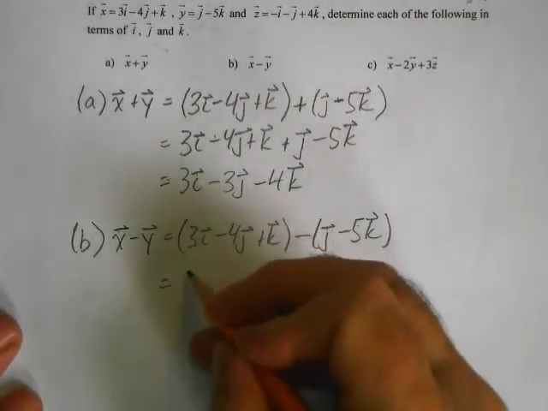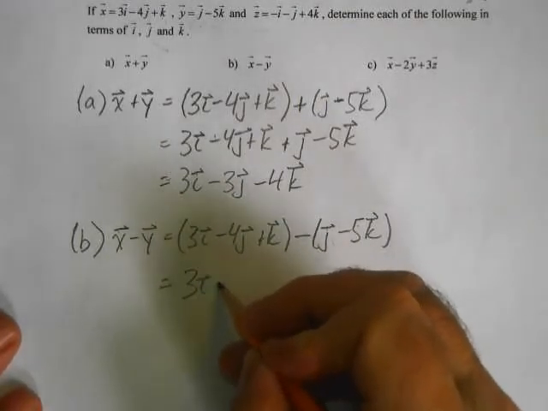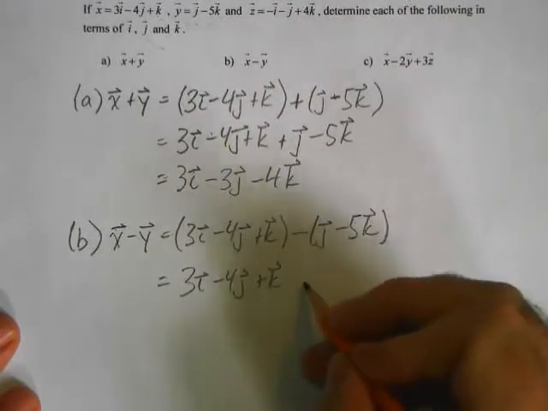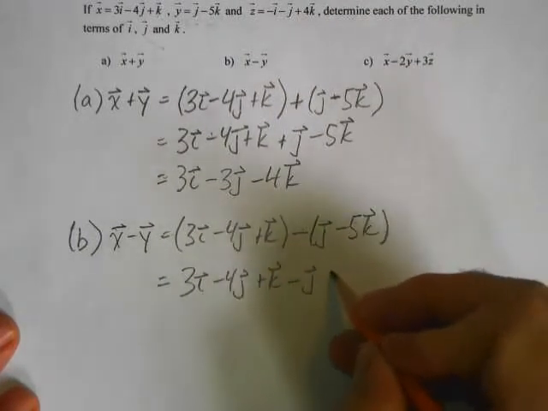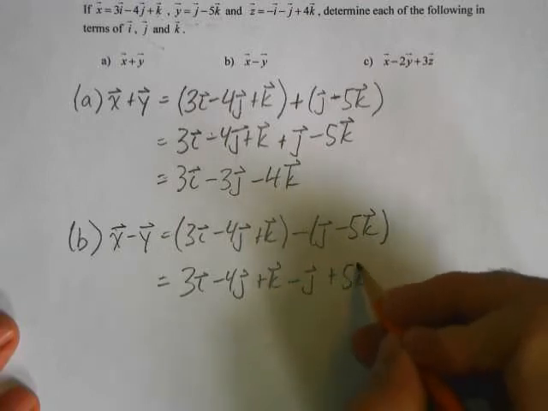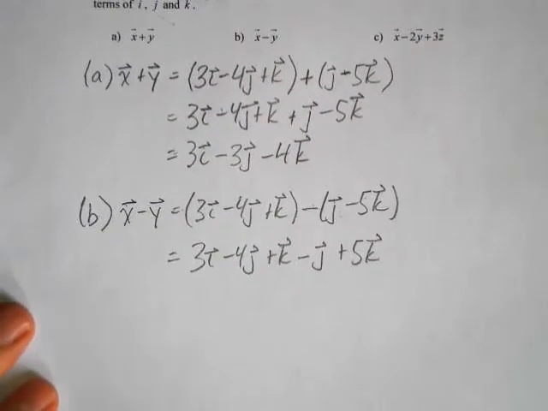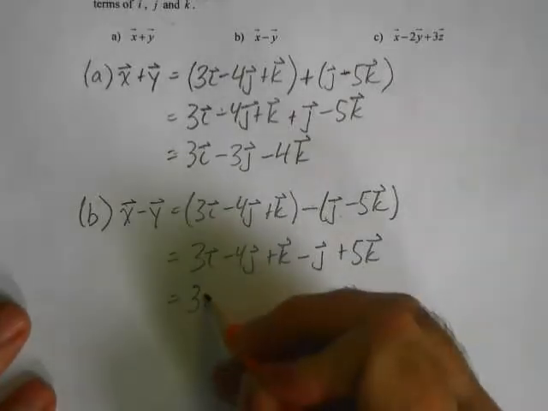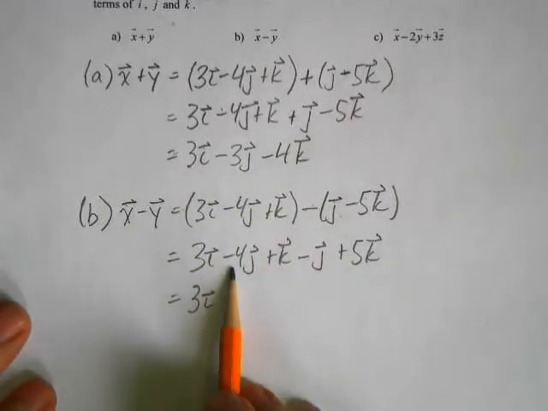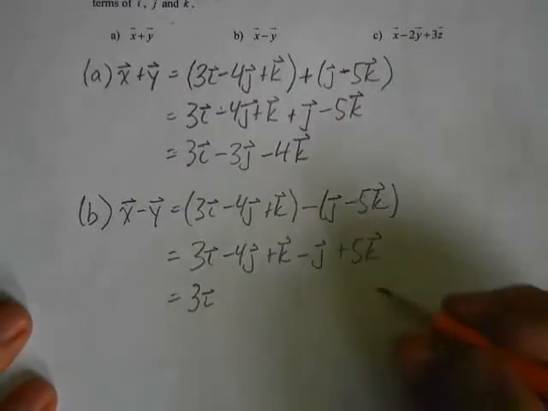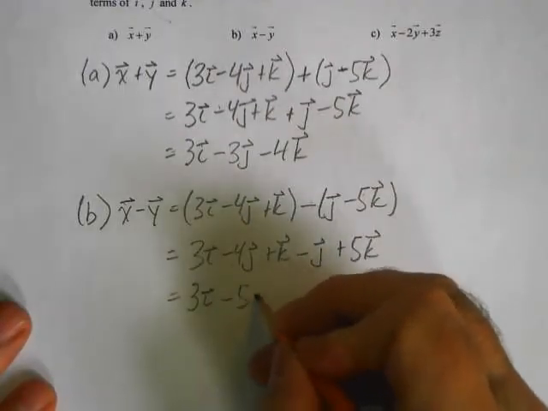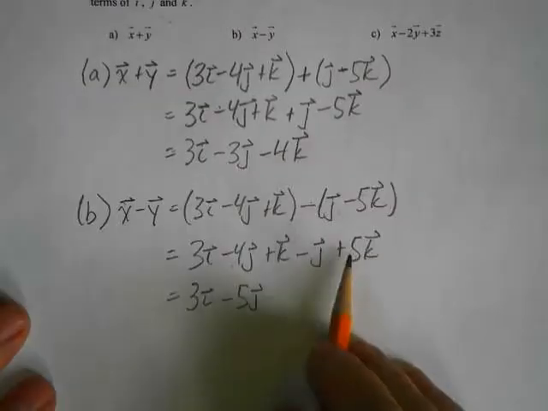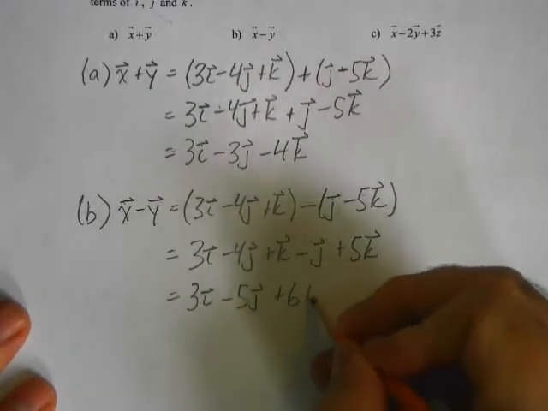So I'm going to get 3i minus 4j plus k minus j plus 5k. And now I can combine. So again, I've only got the one i vector. I've got negative 4j minus 1j, so that's minus 5j. And I've got plus k plus 5k, so that's plus 6k.